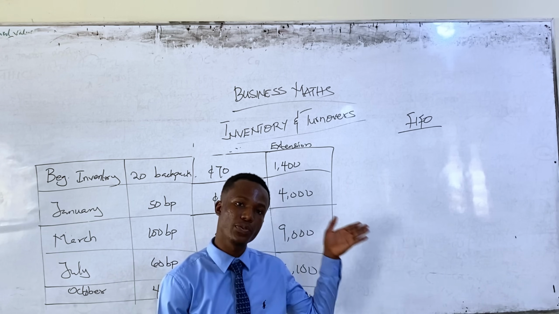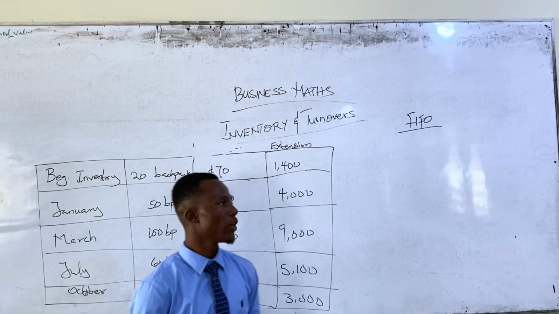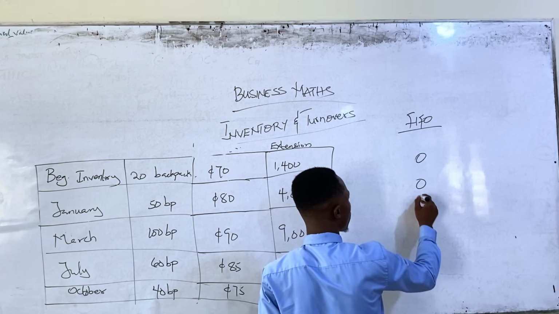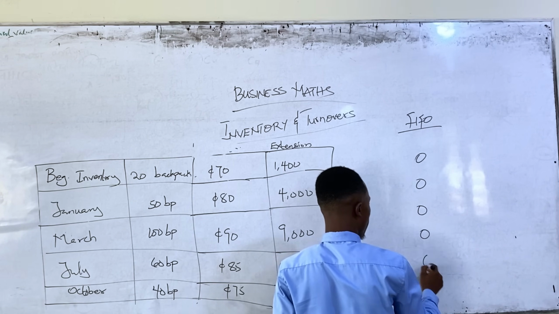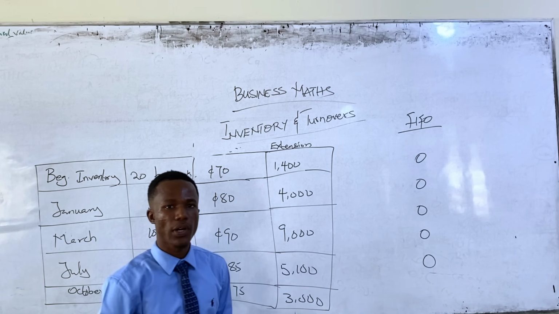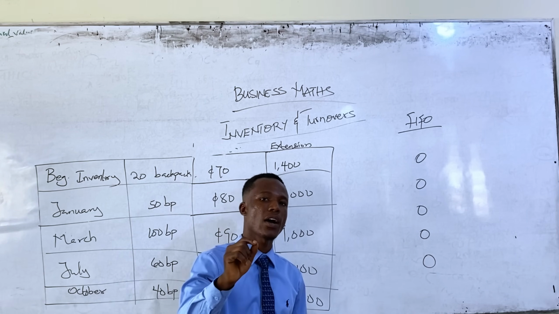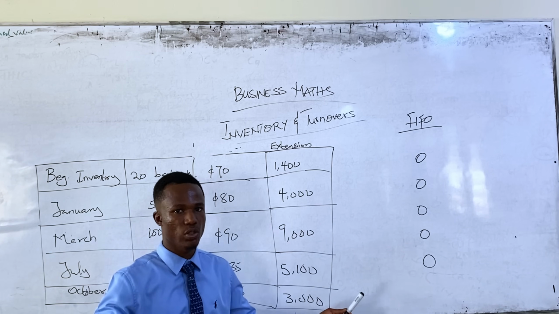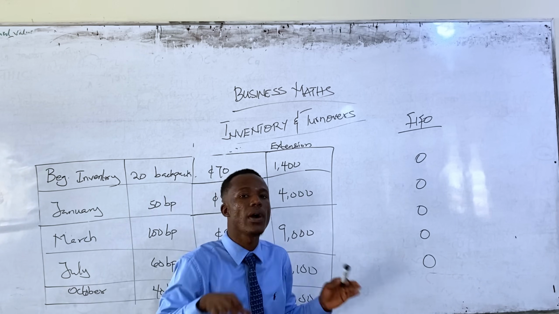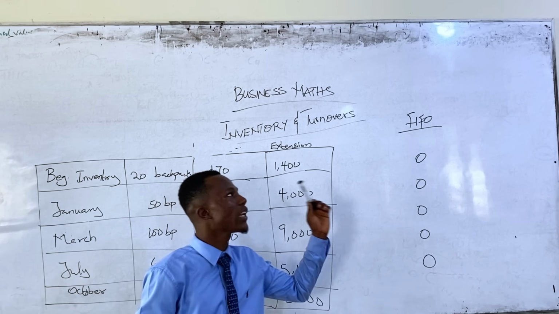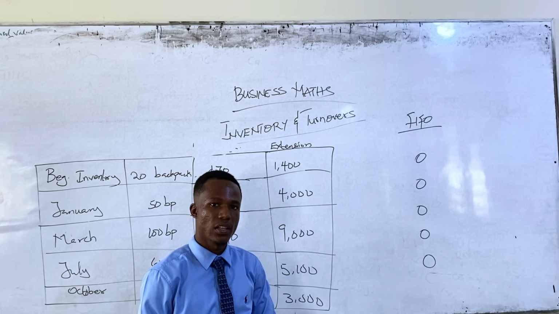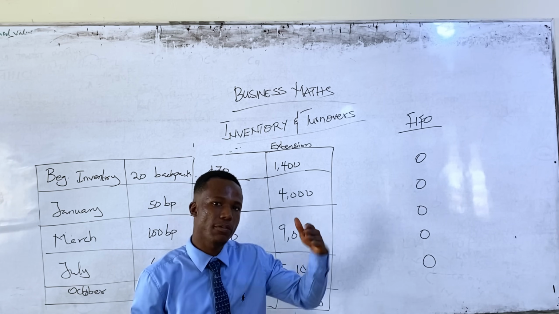So if you are talking about the FIFO method, suppose you bought 5 mangoes. One, two, three, four, five. And now your inventory is 2 mangoes. It means you have only 2 mangoes left. Under the FIFO method, the more recent ones must stay because of first in, first out.